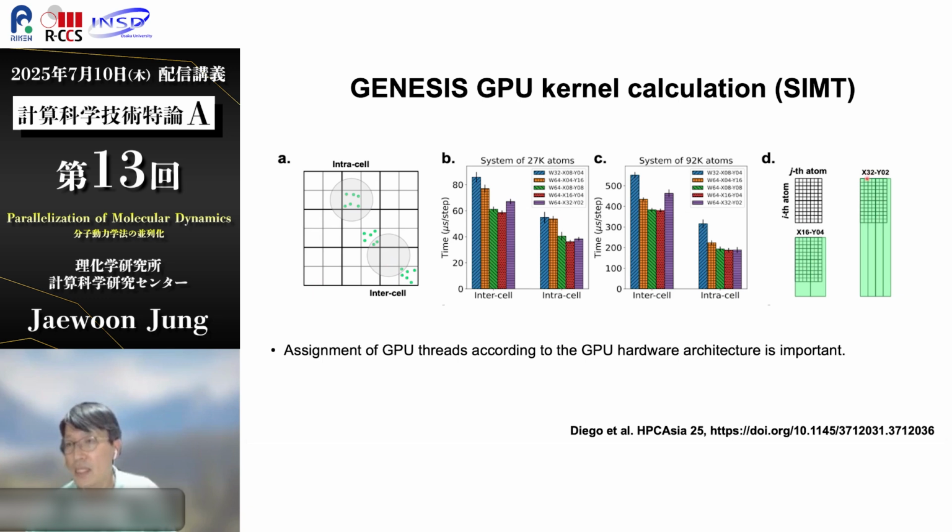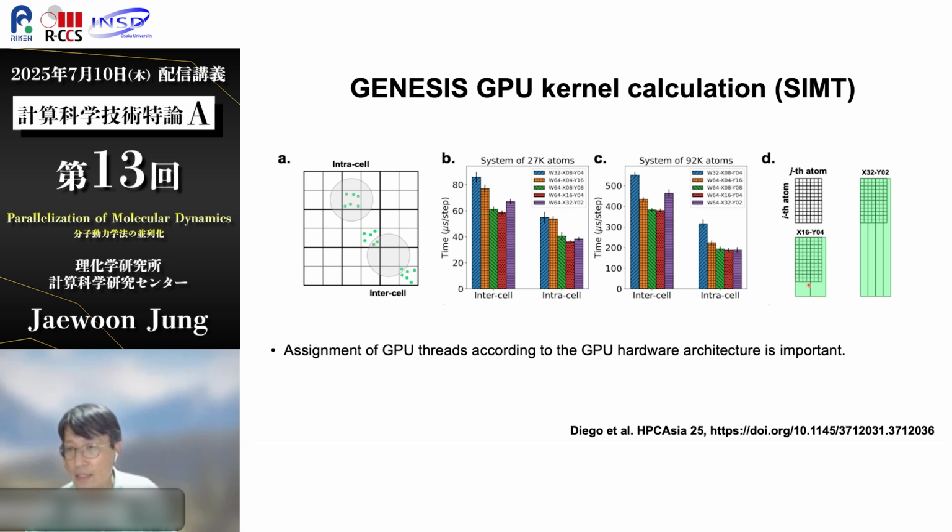And if you see this one block, some threads work, but there are many threads just idle here. Then the parallel efficiency is not so good. But if you make 16 times 4, then inside of this block, every thread calculates.